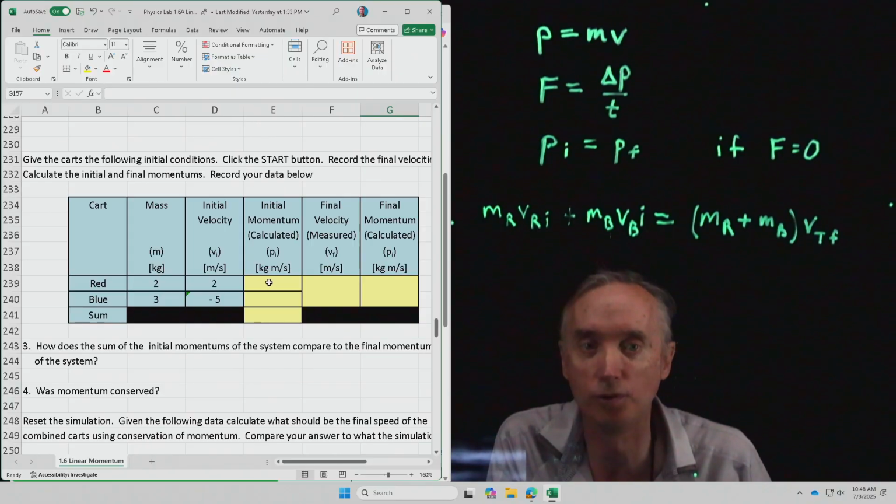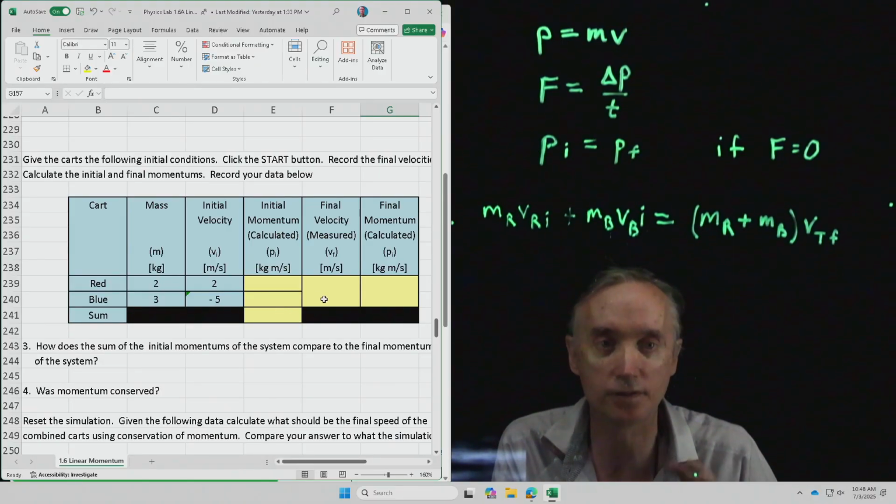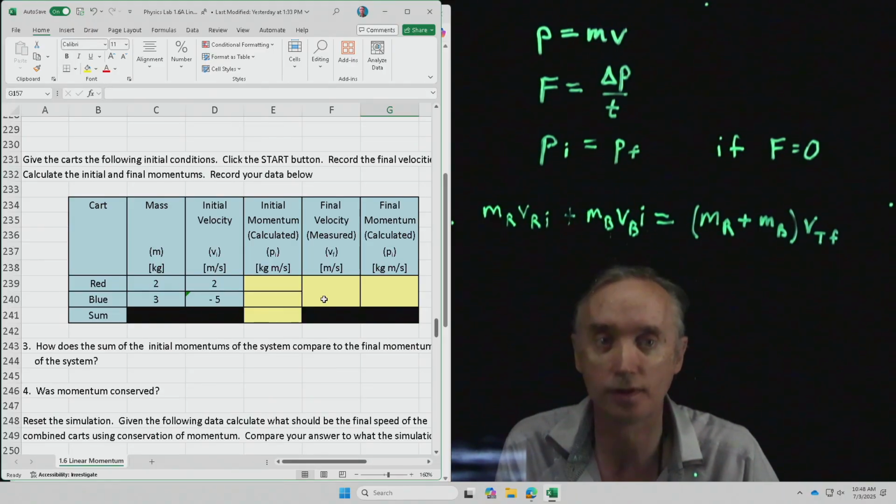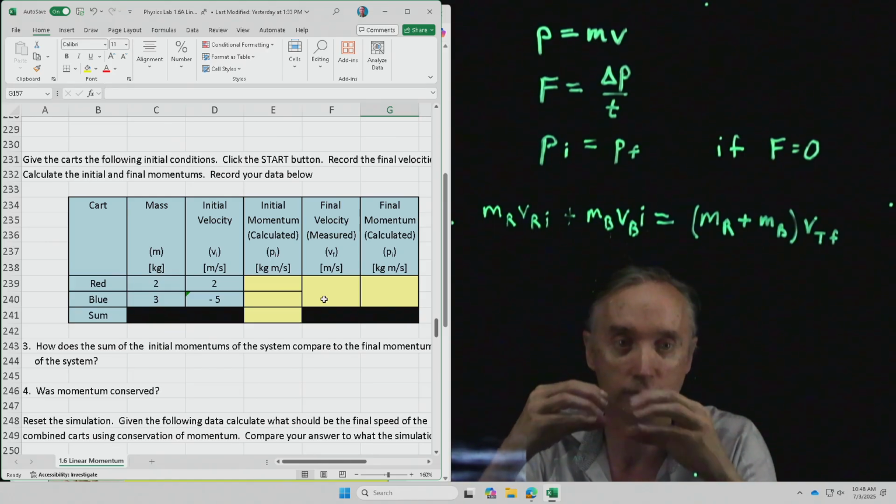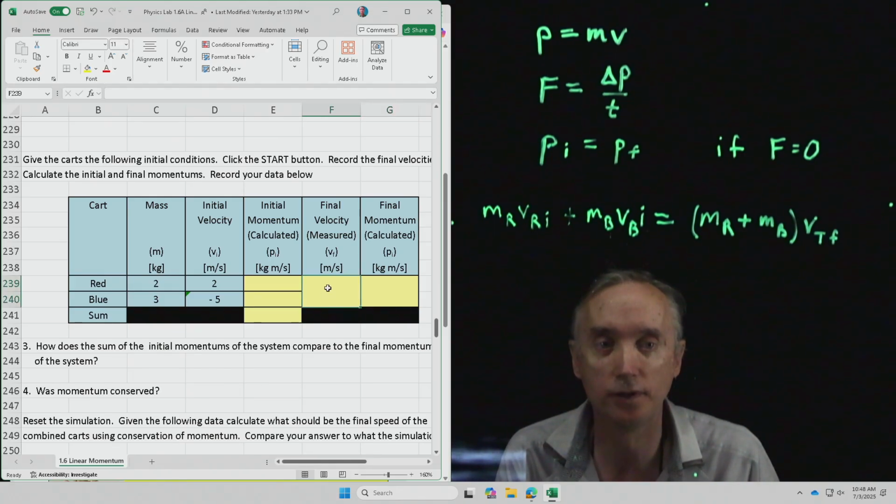Calculate the initial momentum for the red one and the initial momentum for the blue one, and then add them together, and you'll get this number down here. And then click the go button, click the start button, and look at what the final velocity is after they're stuck together, and then put that here, and then calculate the final momentum of the system.